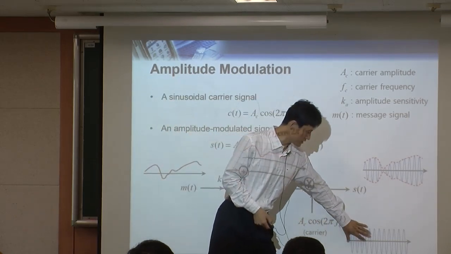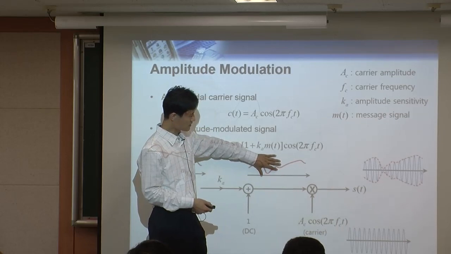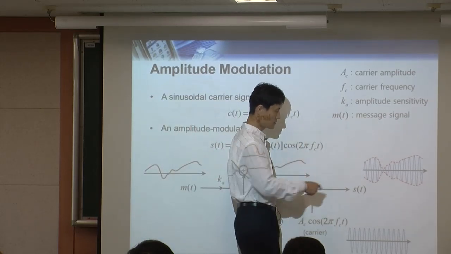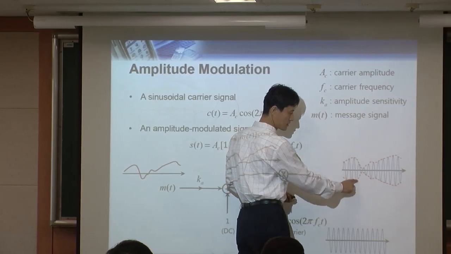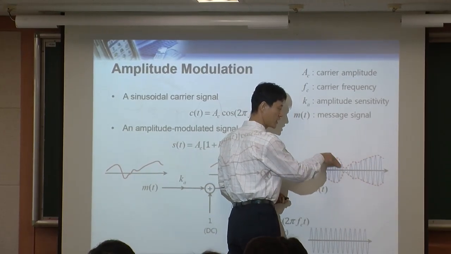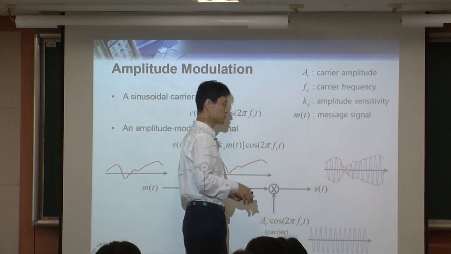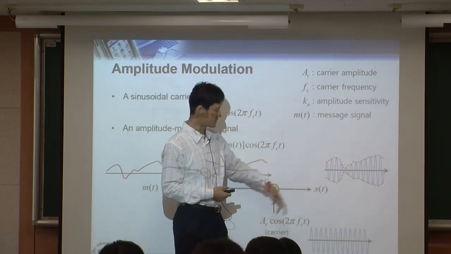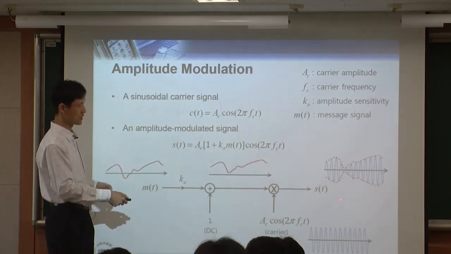When you multiply this one with this, now you're going to get this one. So this blue signal is still like a sinusoidal signal, but the envelope now changes. This is what you transmit over the air through the antenna. That's what we call s(t). s(t) is what we transmit eventually.